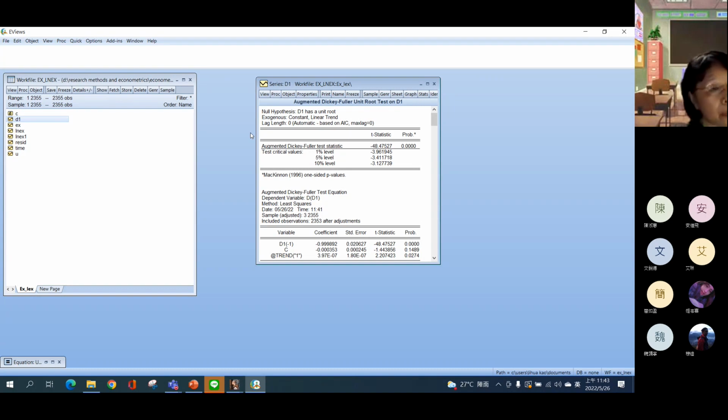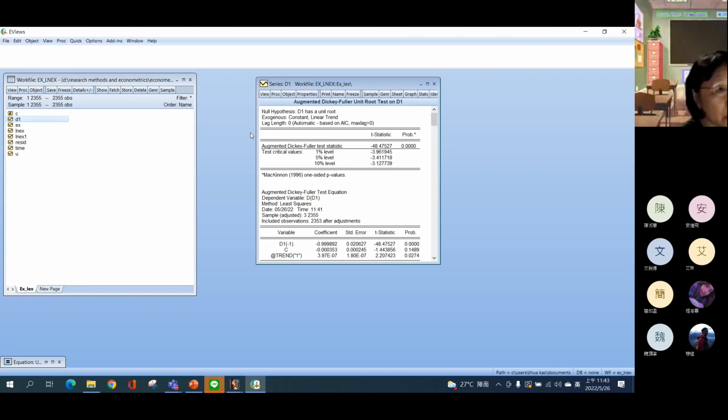The first one is just to look at the graphical pictures of the original data, the original variable. The second one is to look at the correlograms of that variable to see the correlation of all the observations of that variable.